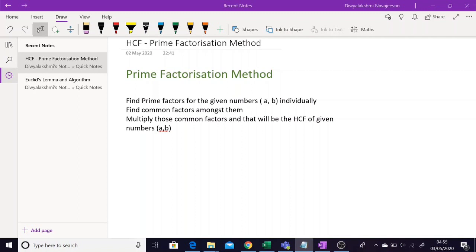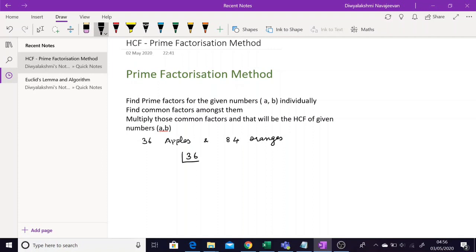Now let us go back to helping our fruit seller. So his problem is he's got 36 apples and 84 oranges. With the prime factorization method, let us try and find the HCF. Let us take 36 now.